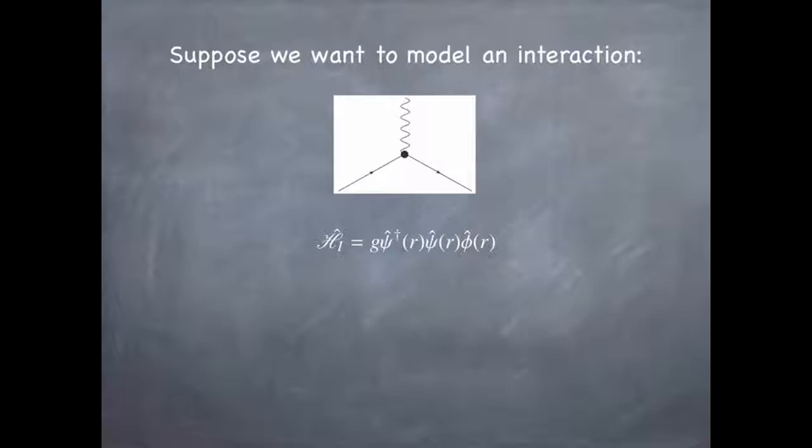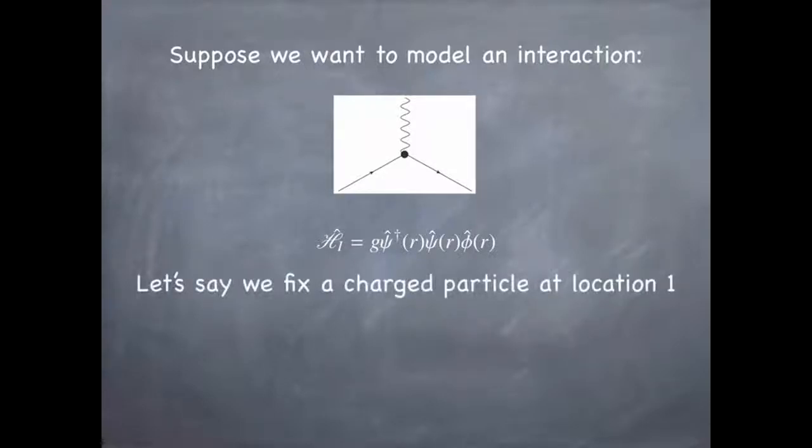But I don't want to really let the psi particles move around. So what I'm going to do is imagine that the psi particles are stuck at some particular place. So instead of psi dagger psi, which would measure the number of psi particles at a particular place, I'm going to replace the psi dagger psi with just a delta function.